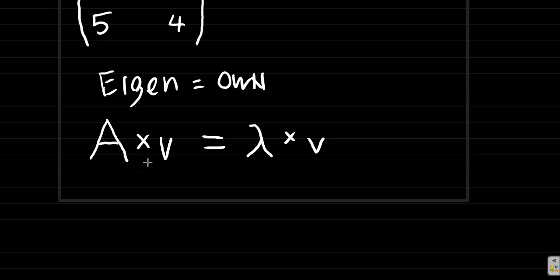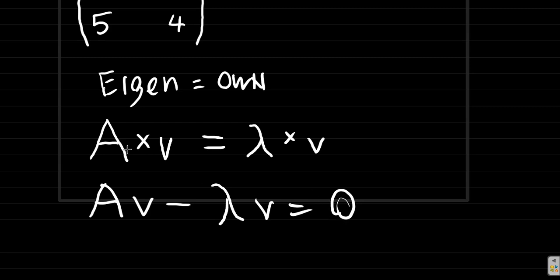Now, if we subtract lambda times V from both sides of the equation, we have the matrix times its vector minus the eigenvalue times its vector equals 0.